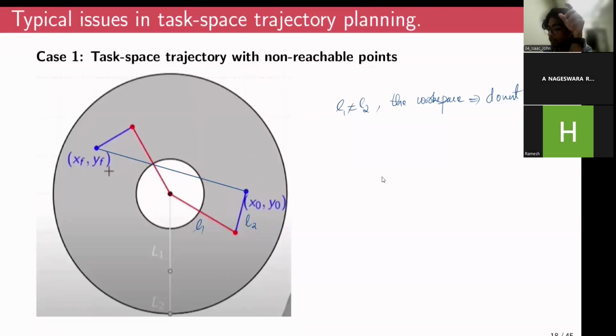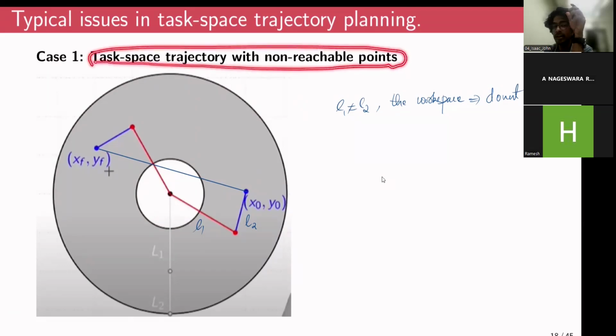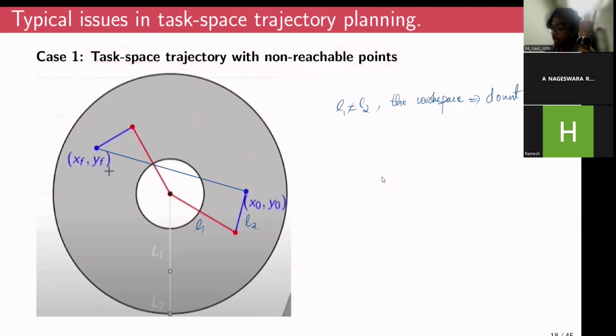So in that regard, the task space trajectory with non-reachable points would be an issue when you try to plan a trajectory in task space. So what you can do is, from x0 and y0, do the inverse kinematics and obtain theta 1i and theta 2i. And from xf and yf, you again do the inverse kinematics and obtain theta 1f and theta 2f.